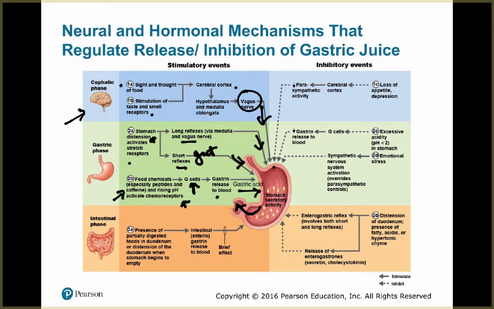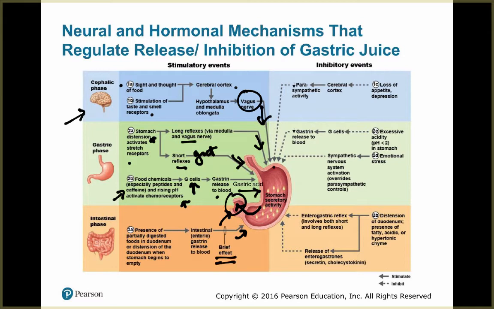Here, once you get a small amount of partially digested food into the duodenum, or distension of the duodenum, a bit of stretching, when the stomach begins to empty into there, you'll get a brief effect where it will do the intestinal enteric release of gastrin to the blood.